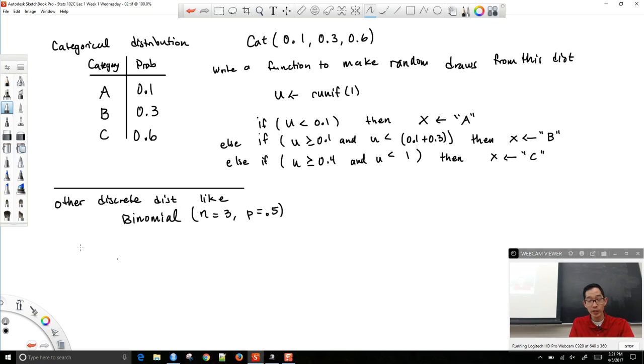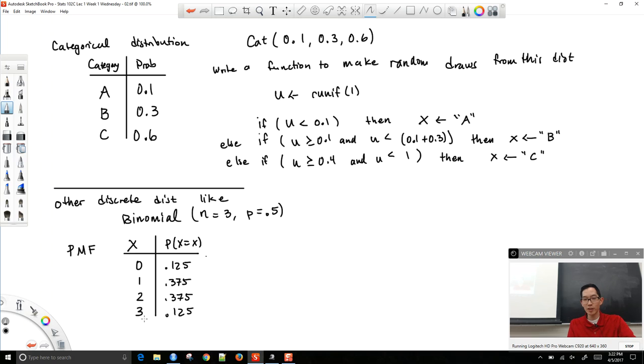Then our probability mass function has x values 0, 1, 2, and 3, with probabilities 0.125, 0.375, 0.375, and 0.125, right? This would be x, and this is the probability that X equals x. I hope I'm not doing this too quickly. Are we okay with this?